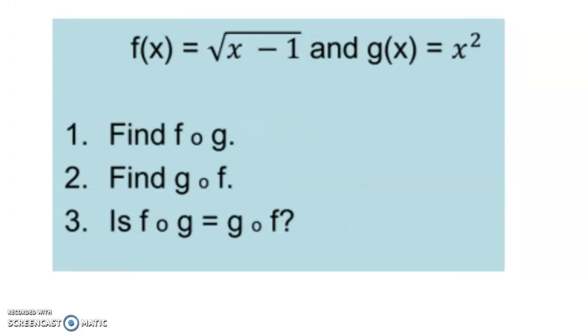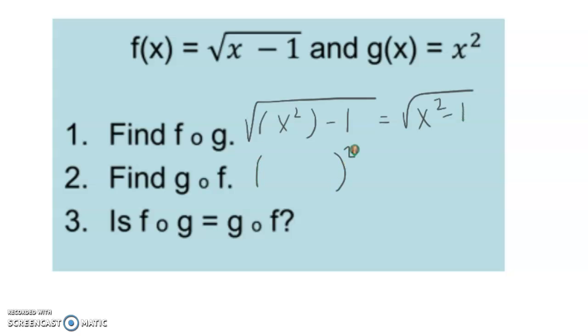On these two, it's just harder equations than what we've seen, but you're still just doing f of g. So f says the square root of something minus 1. Plugging the g in, I have an x squared there. So I have the square root of x squared minus 1. That does not simplify. If I do g of f, I have something squared as my g function. On the inside of that is my square root of x minus 1. That does simplify, and I just have x minus 1.